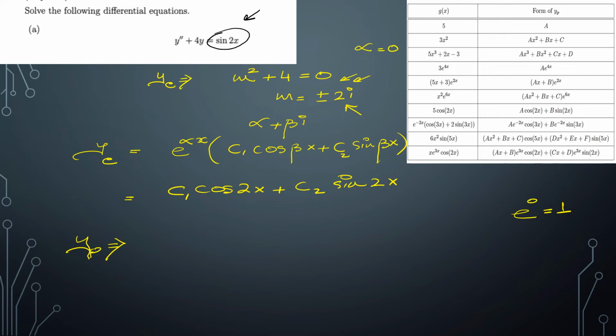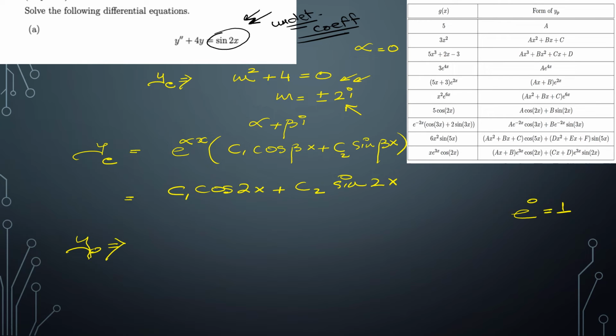Here, whenever you have sine, cosine, polynomial function or e to the power of something, then I always use the method of undetermined coefficients. Otherwise, I will go for the variation of parameters or the Wronskian. But right now, I will use the undetermined coefficients method.